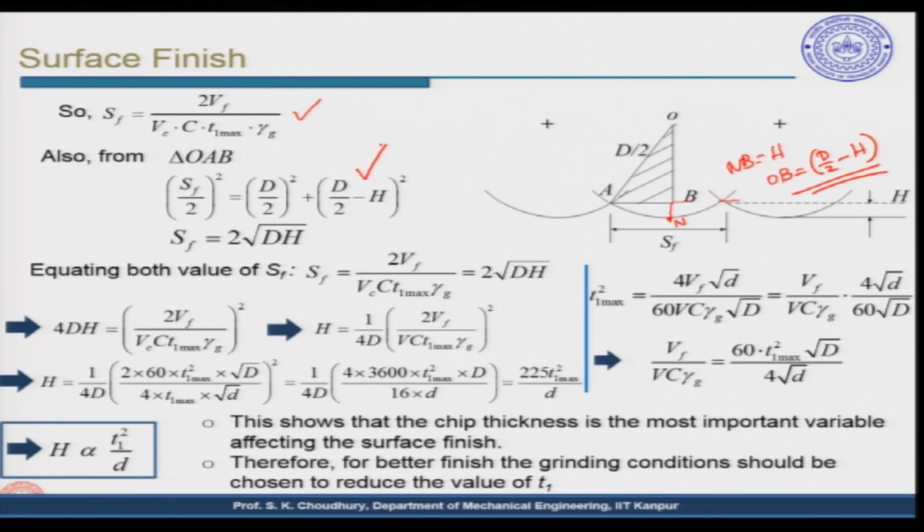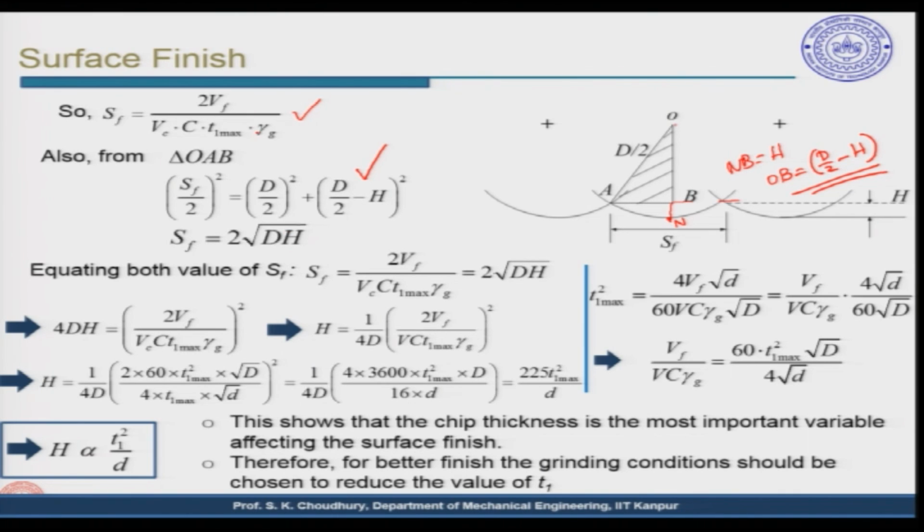So, D by 2 squared plus this square is equal to AB square. From here we can find that SF is equal to 2 root over DH, where D is the grinding wheel diameter.